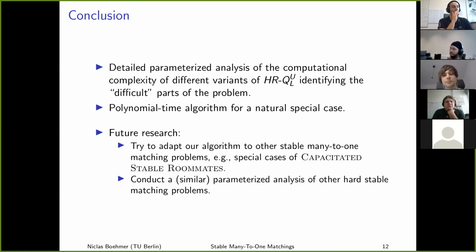What makes our algorithm also different is that Irving's algorithm applies the two phases one after each other, first the first phase and then the second phase, and we do it interleavingly. So we eliminate rotations, then we do propose-reject again, then we eliminate some rotations again, and thereby we don't have any characterization that we could obtain from that, because it's just not overseeable what happens.